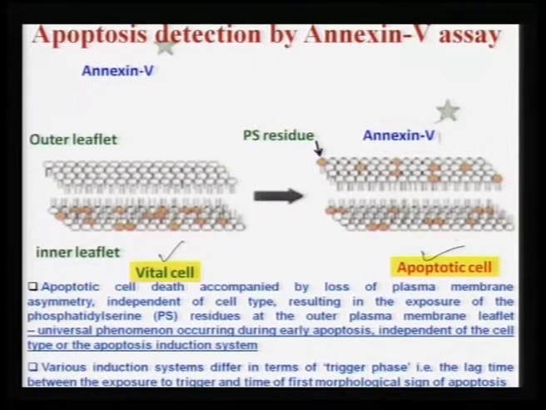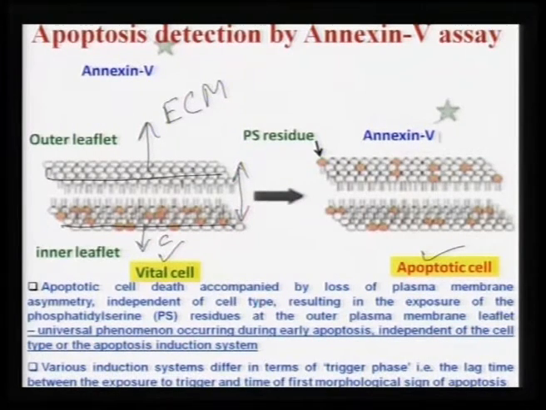Now, this is the typical structure of the plasma membrane, which is a double layer kind of structure. This is the top layer which is exposed to the ECM, the extracellular matrix. This is the bottom layer which is exposed to the cytoplasm. Okay.